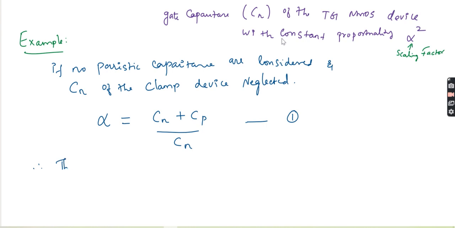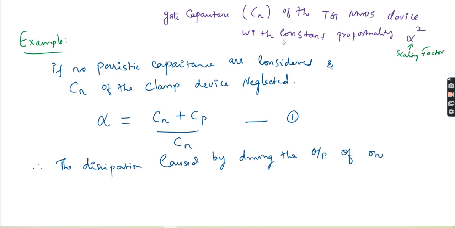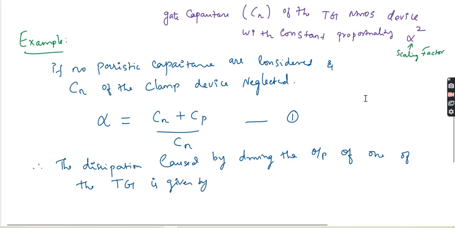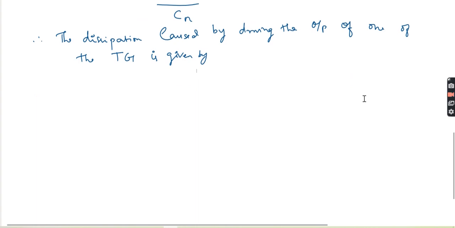So the dissipation caused by driving the output of one of the transmission gates is given by the energy, that is the input energy, right?